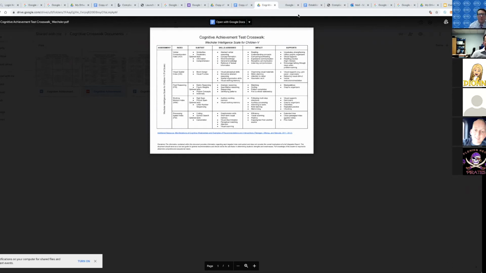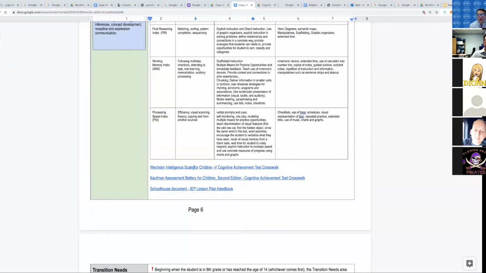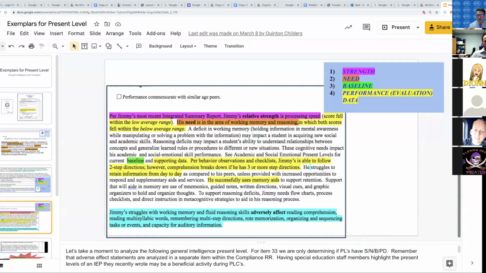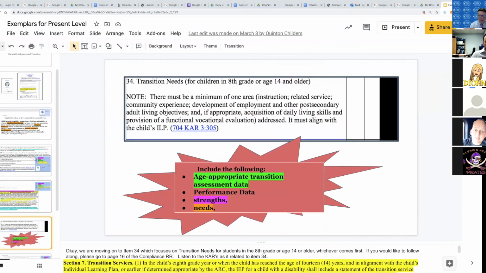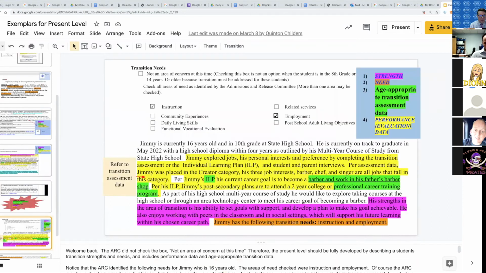So when KDE reviews your files, it's very important that you do general intelligence a little different. And if I go back to my exemplars, there's also a section that talks about how to do transition, and we'll talk about that a little later as we move through.